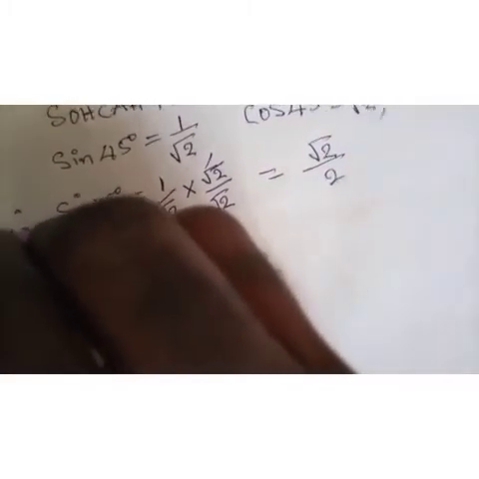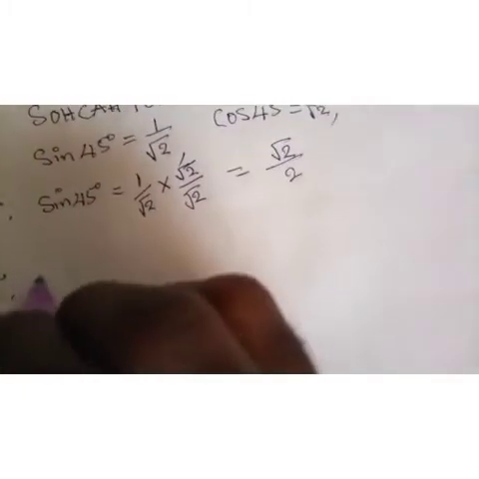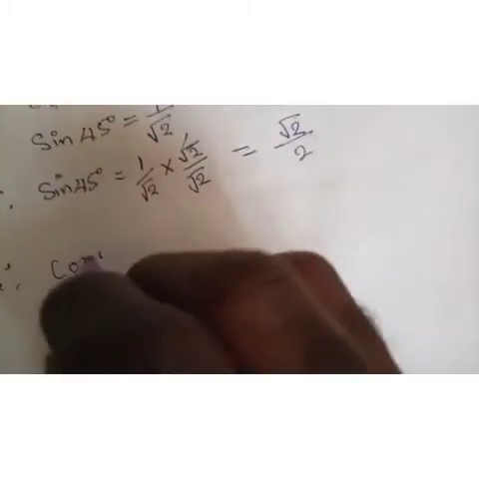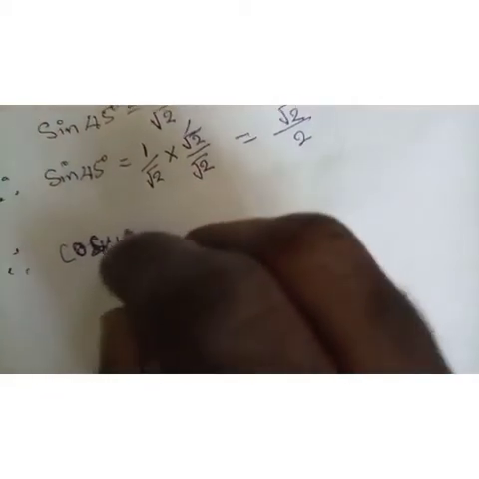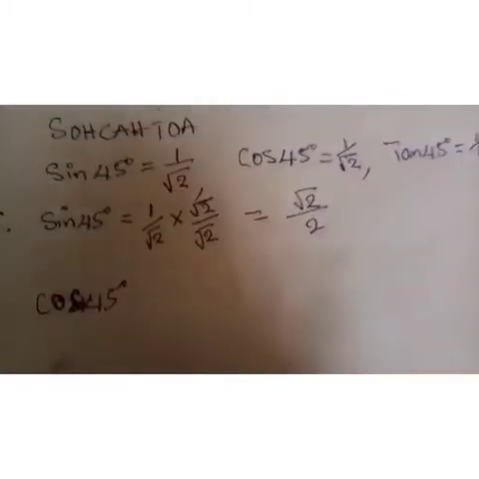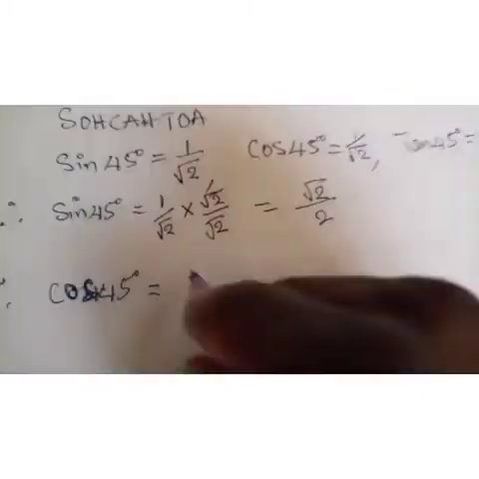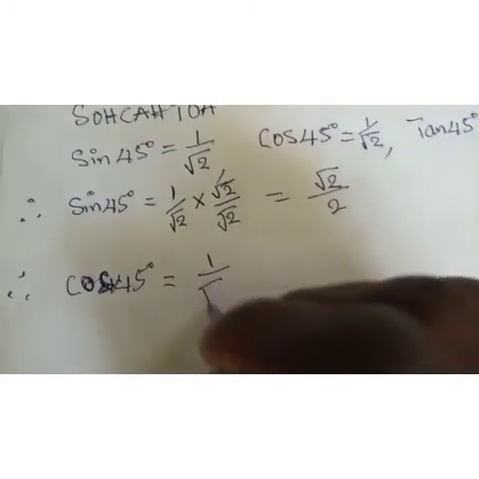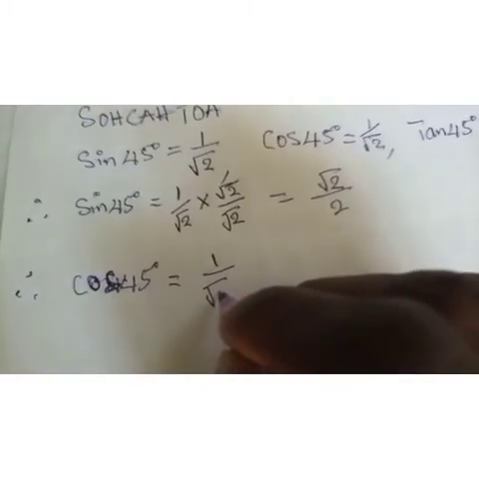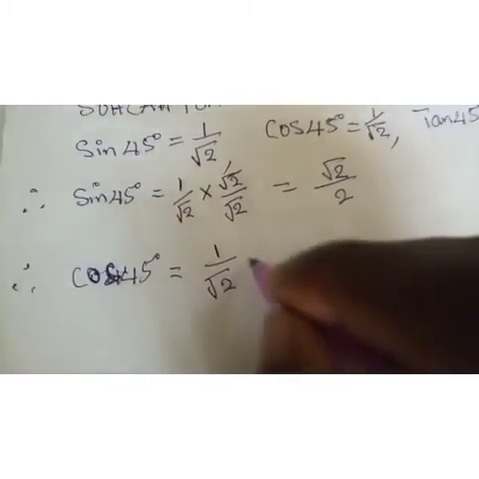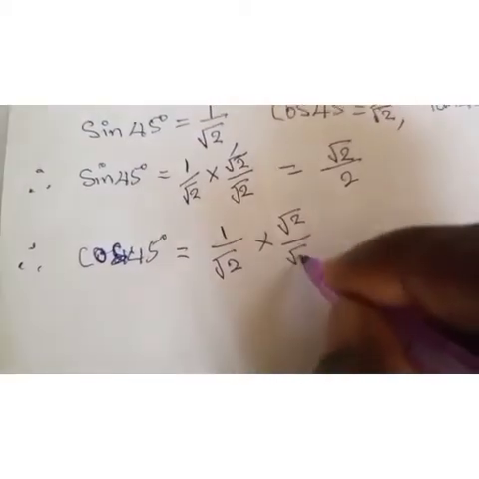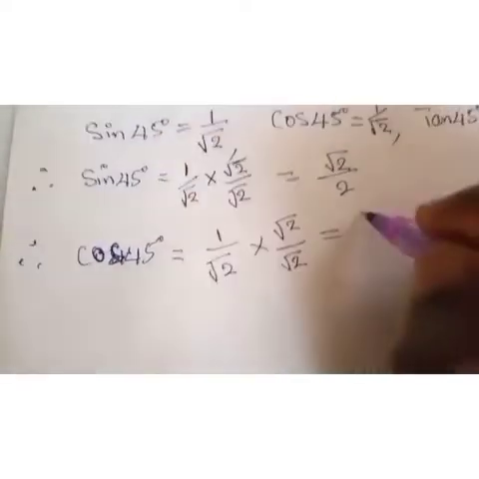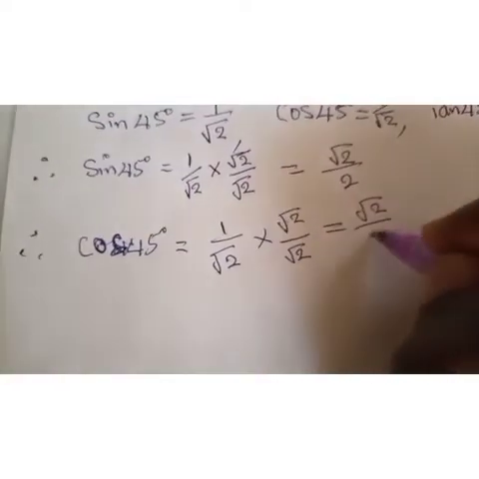Okay. So cos 45 degree is now equal to, you still do the same thing, root 2 multiplied by this, all over this, and when you multiply, you still have root 2 all over 2.